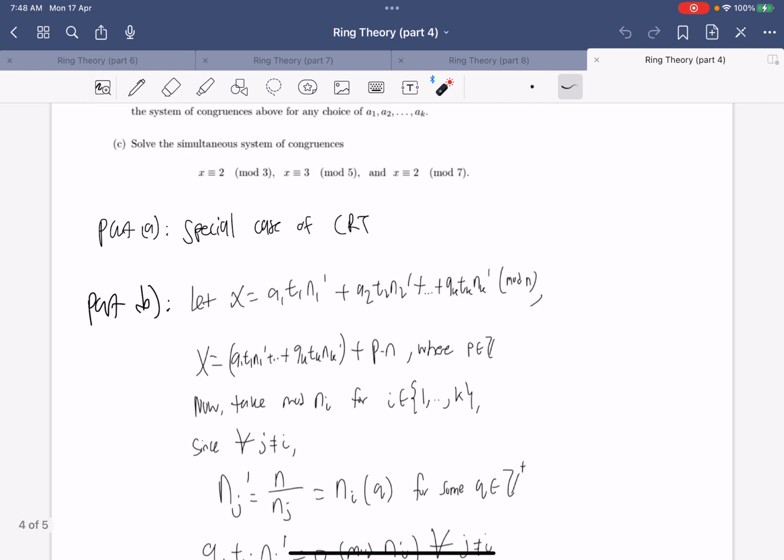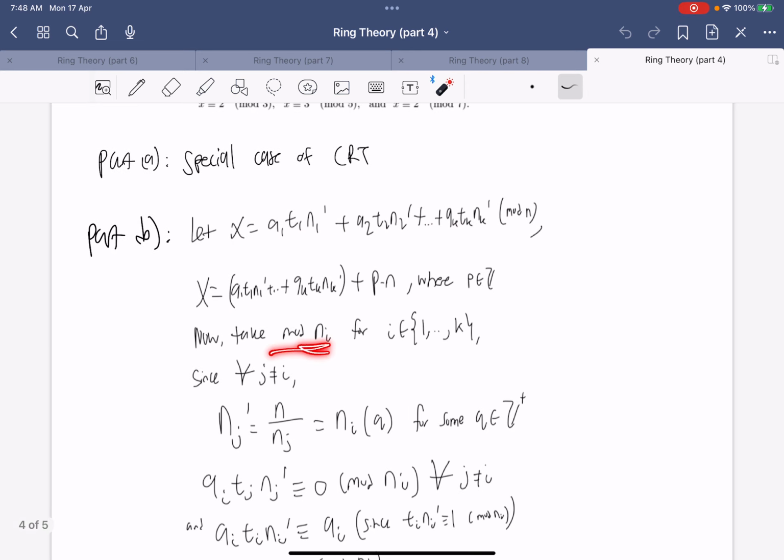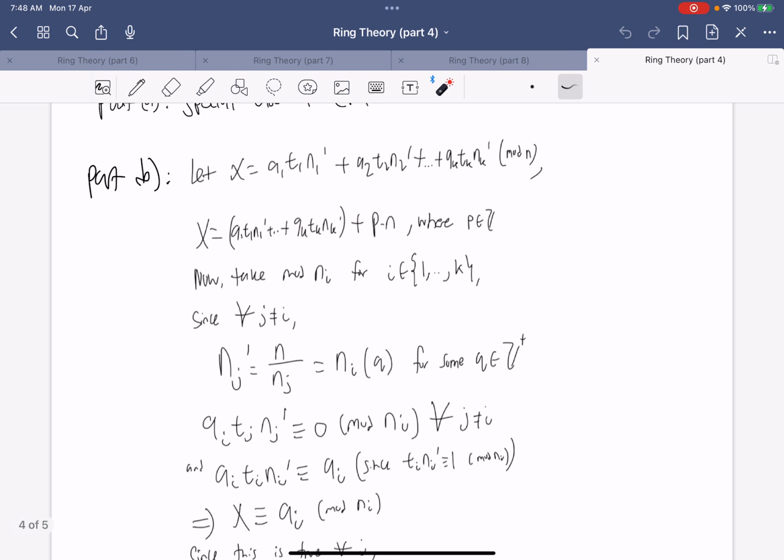You let x equal a1 t1 n1 prime plus all the way to ak tk nk prime plus p times n, because this is mod n. Then you just take mod ni. Well, n contains ni, so this part cancels. Then all the other parts that have an ni will cancel.